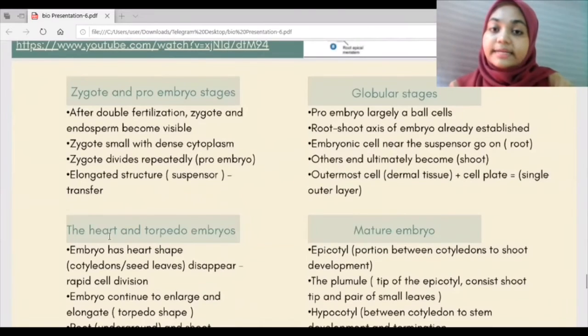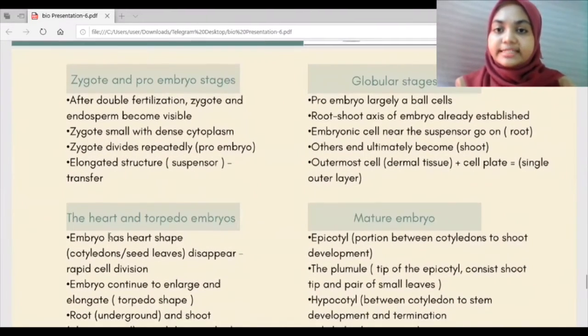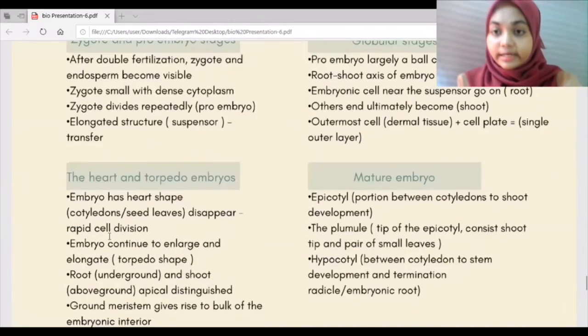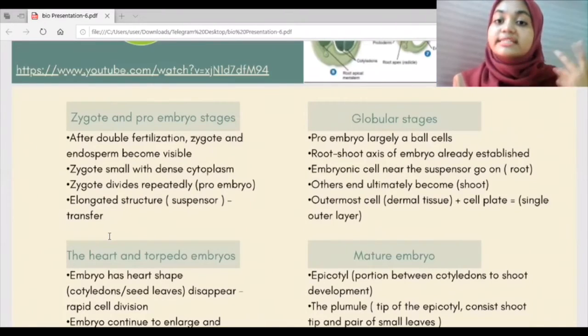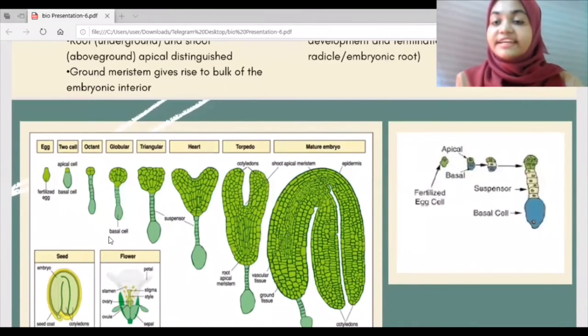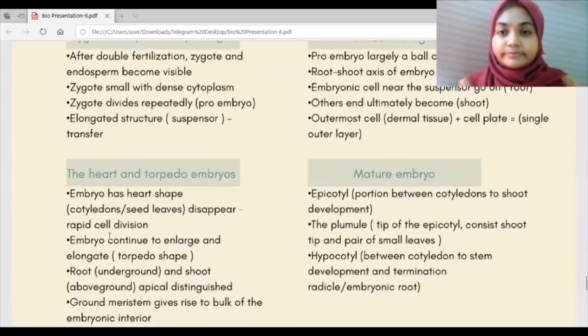And then the embryonic cell near the suspensor, which is the lower one, will go on to become the root. This one, the basal cell, will go on to be the root.